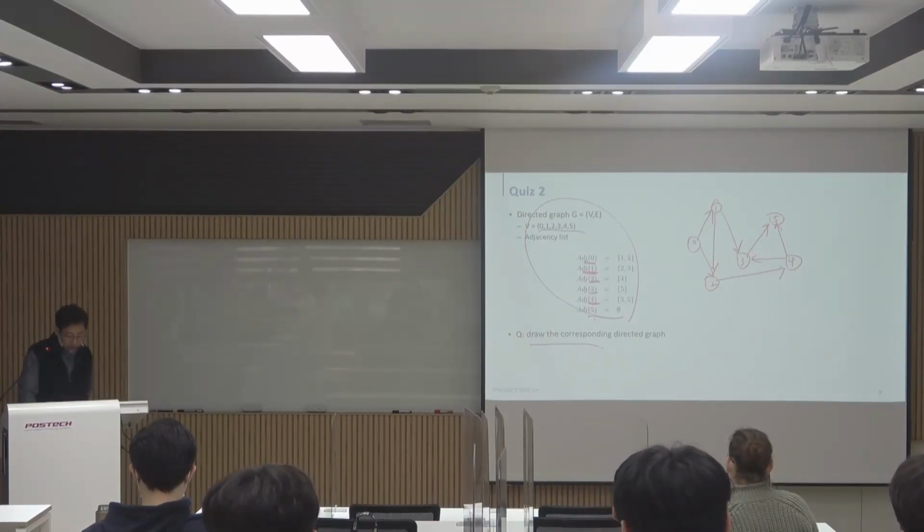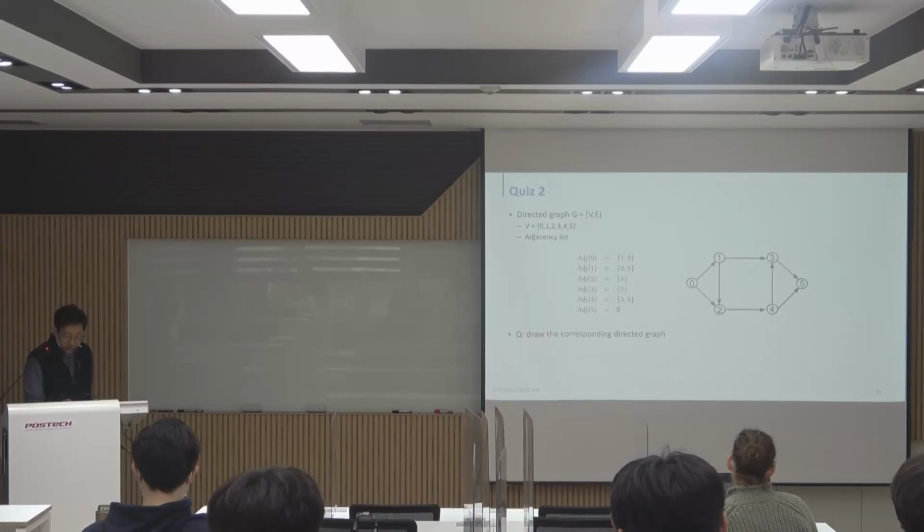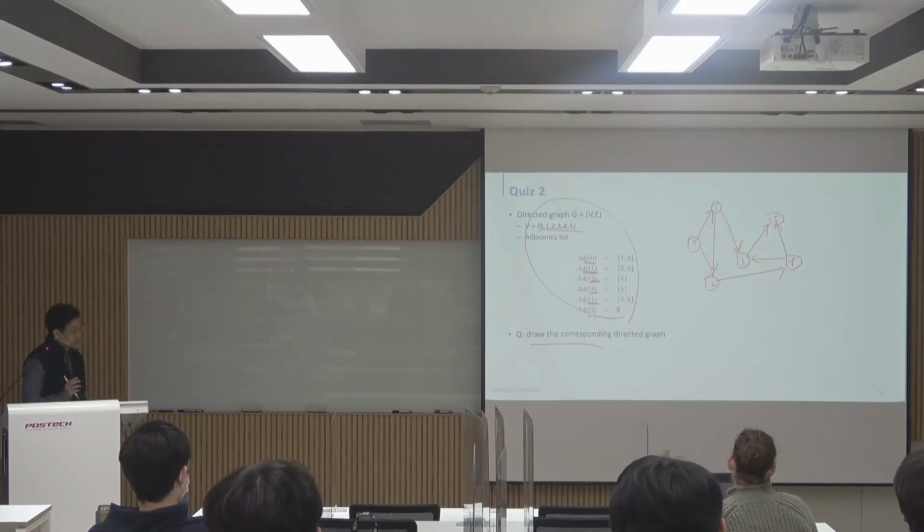Okay. So what I'm trying to say is, let's see, this one. From 0, we have 1 and 2. From 1, we have 2 and 3. 2 and 4. 3 and 5. 4, right? So these are the same. But if you just look at a glance, it looks different.